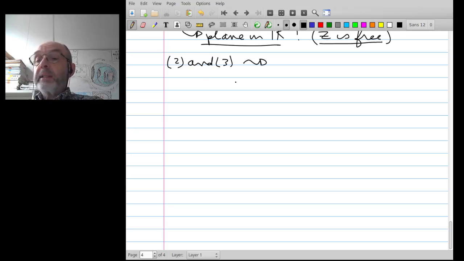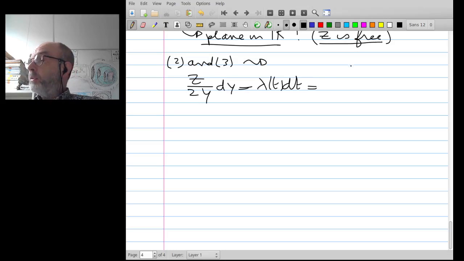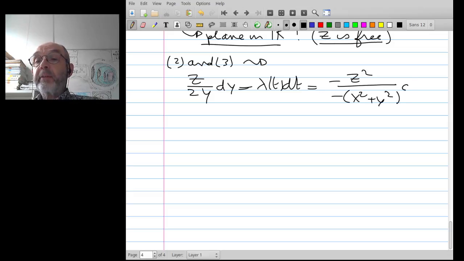Then we get z divided by 2y dy. That is our lambda t dt, and that is equal to minus z squared divided by minus x squared plus y squared dz.